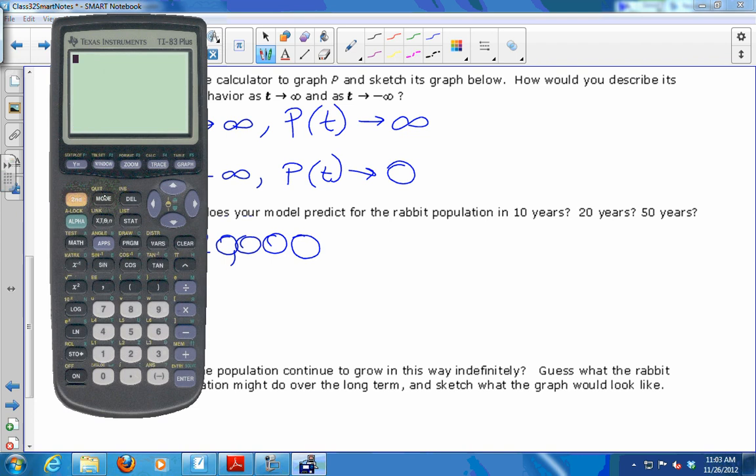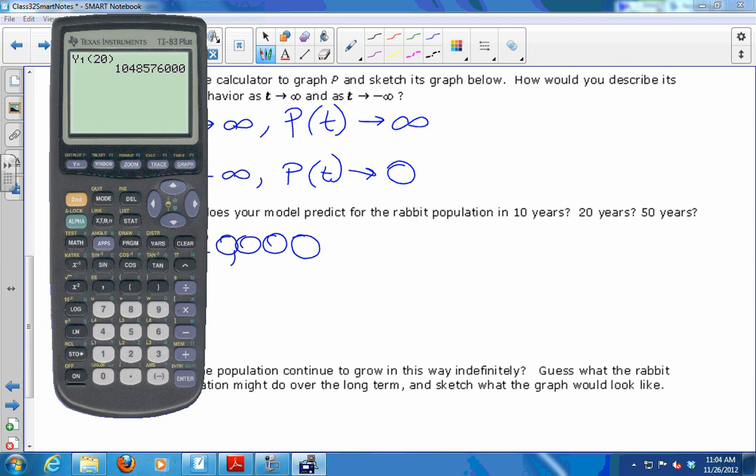Another way to do this is to use the vars key. And if you're in the home screen, you hit vars, yvars, function, y1, and your calculator knows function notation. So you can put parentheses 20, right? And it'll calculate what you get when you plug 20 in. And then it gives me a more accurate answer than my table, because my table just can't hold that many decimal places, that many place values.